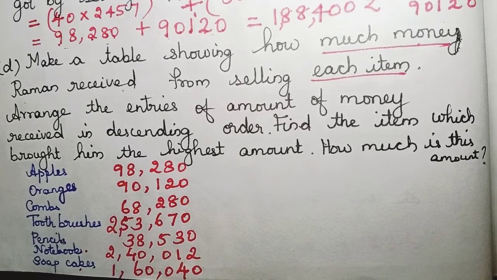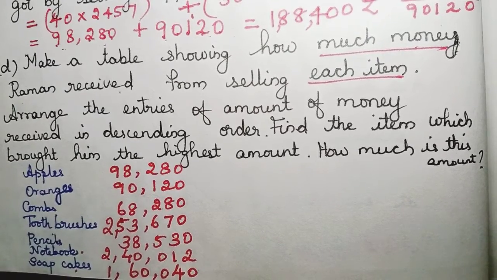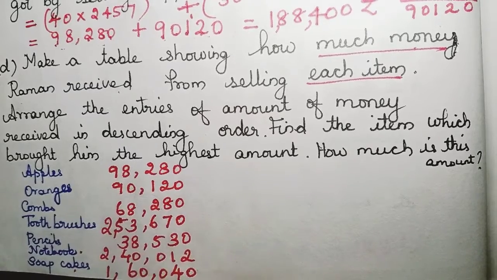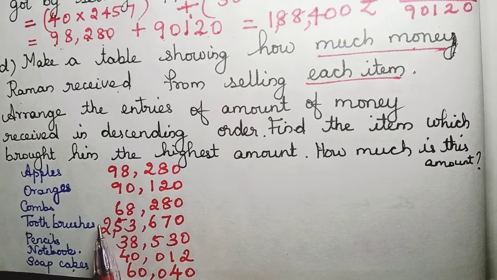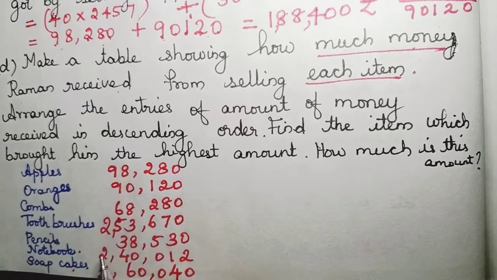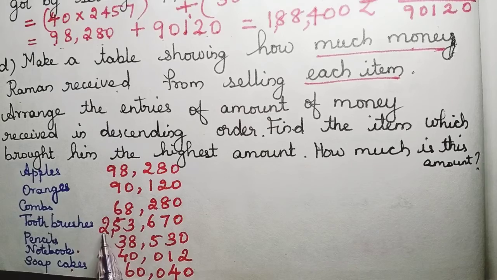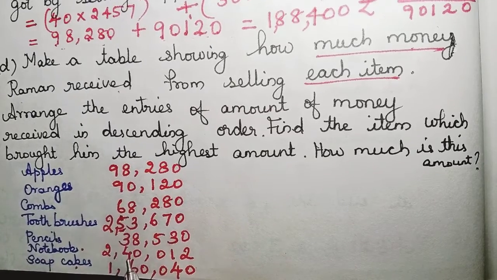How will you find the descending order? In the previous video we have learned, right? First find how many digits are there in each entry. Only 3 terms have lakhs, so the number of digits is high. One among these 3 will be the highest value. You have 2 terms around 2 lakhs. Then check the next digit, 5 and 4.